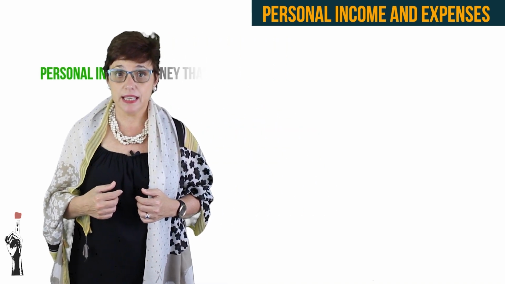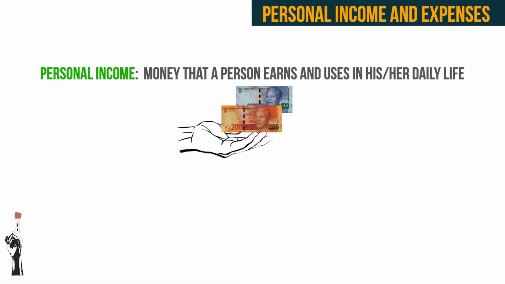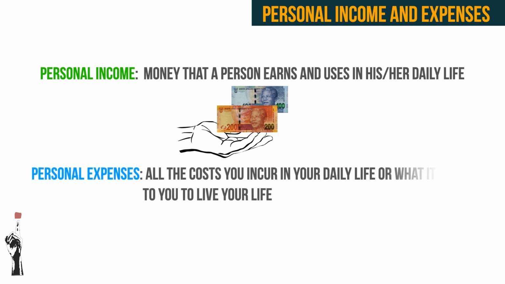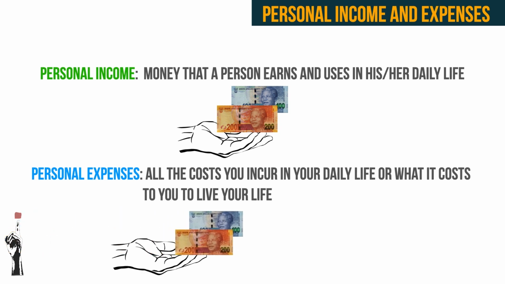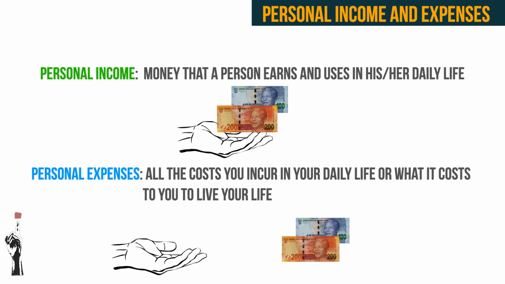Personal income is money that a person earns and uses in his or her daily life. What are personal expenses? Personal expenses are all the costs you incur in your daily life, or what it costs you to live your life.